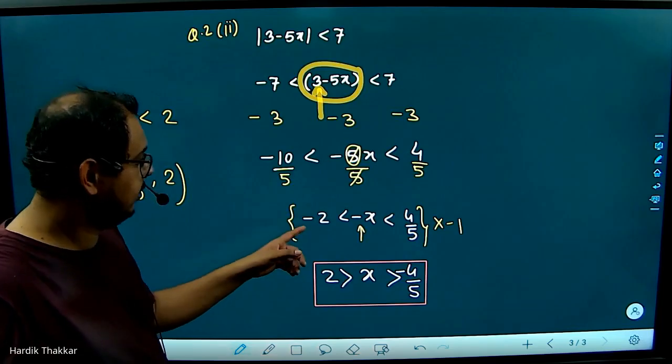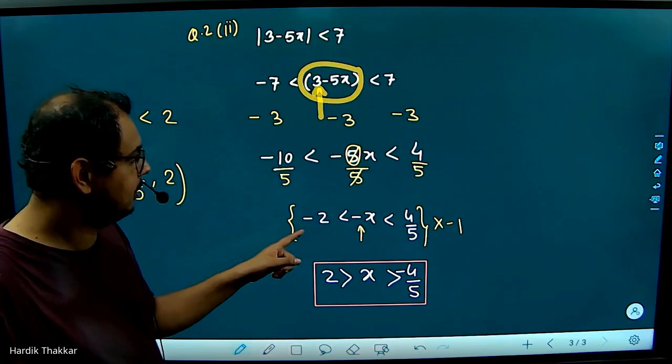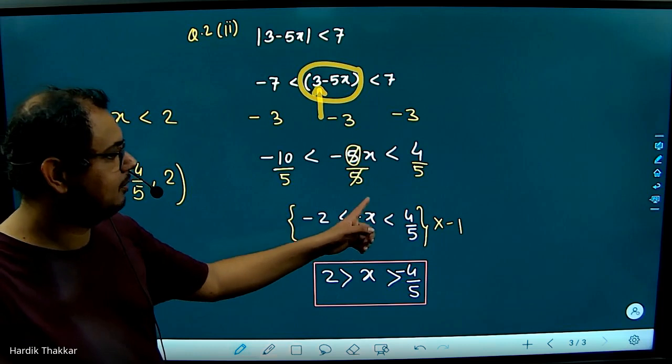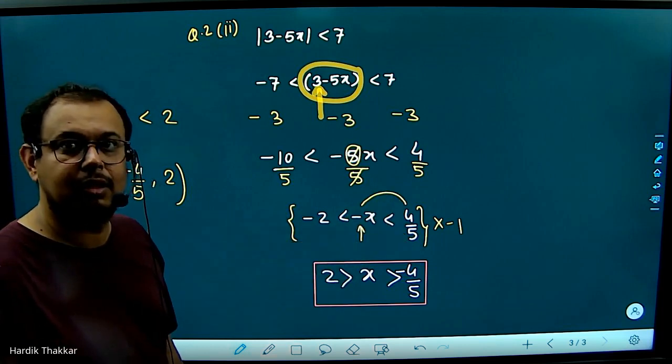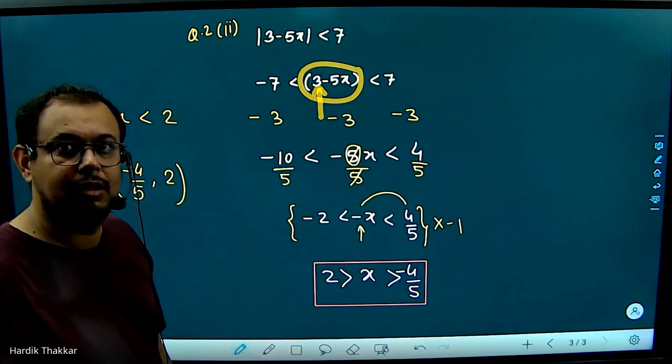Sir, if we would have taken this negative sign for 2, then it would be positive. Sir, this negative sign which was for x, we have shifted it with 4 by 5. So if we take it with 2 as well, if we shift this minus 4 by 5 here.